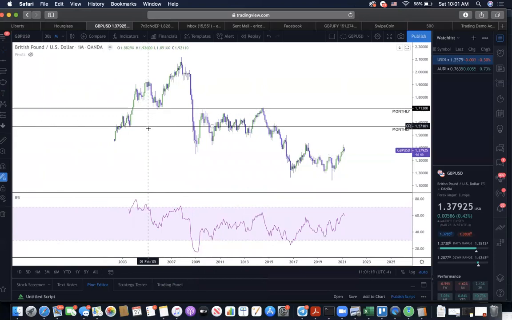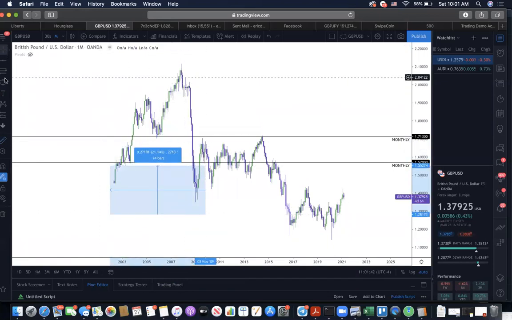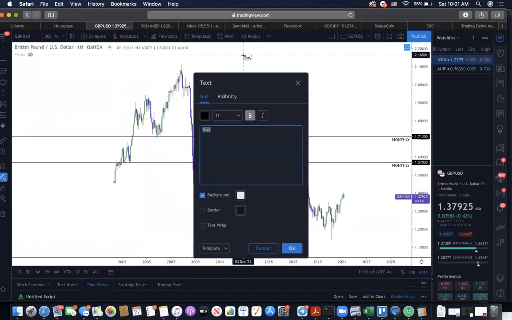Between these two areas, let's see how many pips that is. That's about 1,400 pips, so that's my monthly range, and what you want to do is take the difference between these two.